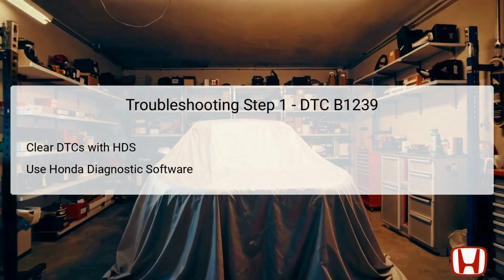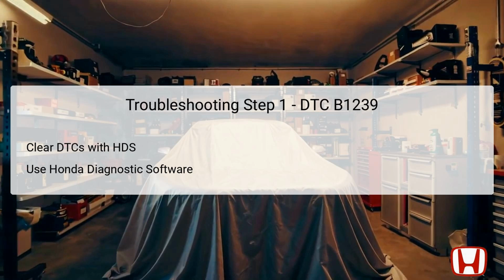The first step in troubleshooting DTC B1239 is to clear any diagnostic trouble codes using the HDS, which stands for Honda Diagnostic System. This tool allows technicians to reset the vehicle's computer, clearing out any stored codes, including B1239. Clearing the codes is essential as it resets the system and allows fresh data to be collected upon reevaluation.